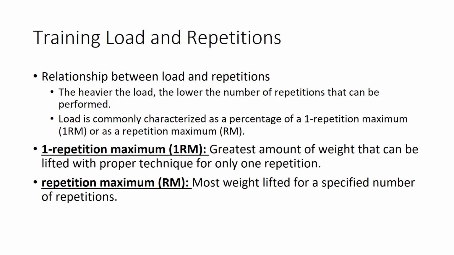We have to define the differences between these two terms. The 1 repetition maximum is the greatest amount of weight that can be lifted with proper technique for only 1 repetition. And the repetition maximum is the most weight lifted for a specified number of repetitions.